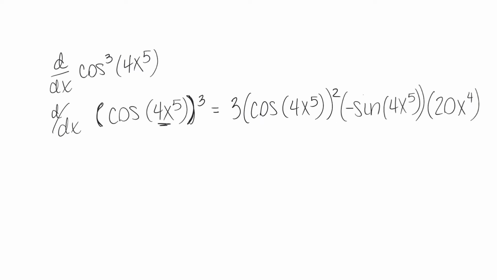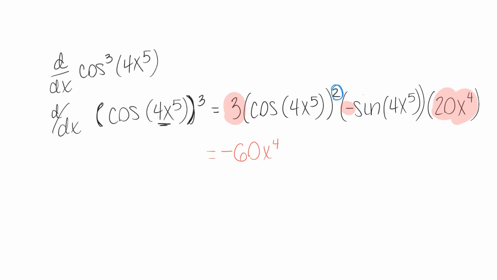Okay, so let's go through and find what can just be multiplied. We've got a 3, we've got a negative, and we've got 20x to the 4th. So that's going to give me negative 60x to the 4th times cosine.